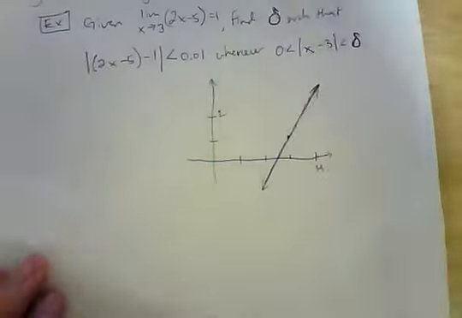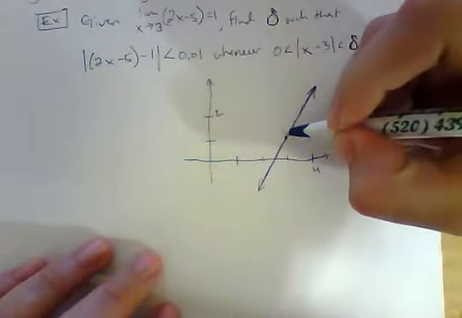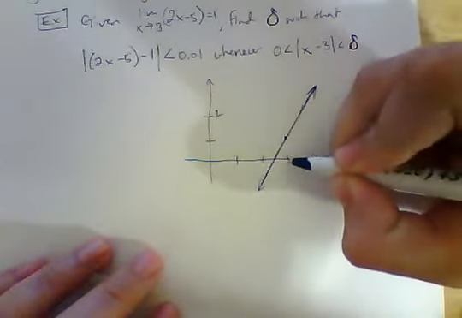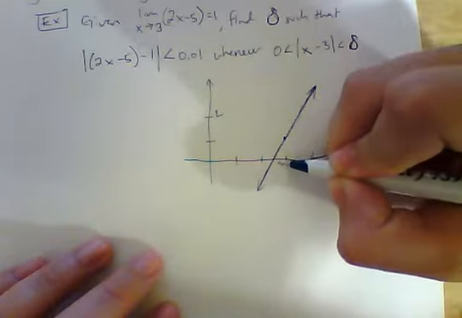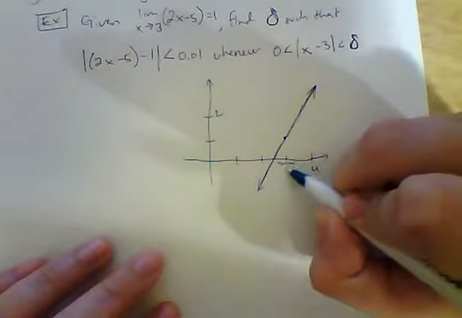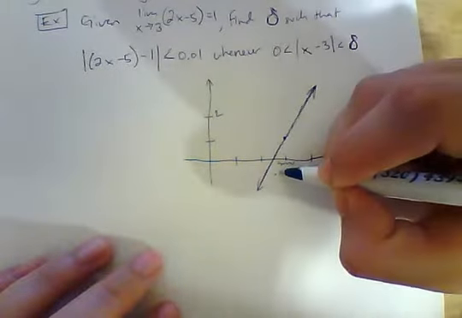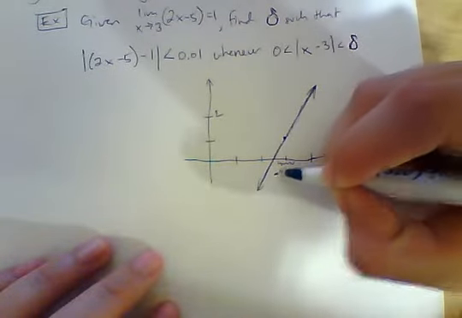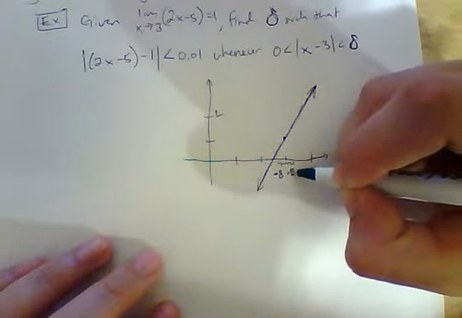Here's what they have given us. They've told us that here's our limit, and we don't know these pieces yet. These little pieces right here are our plus delta and our minus delta, right? We don't know what those values are.